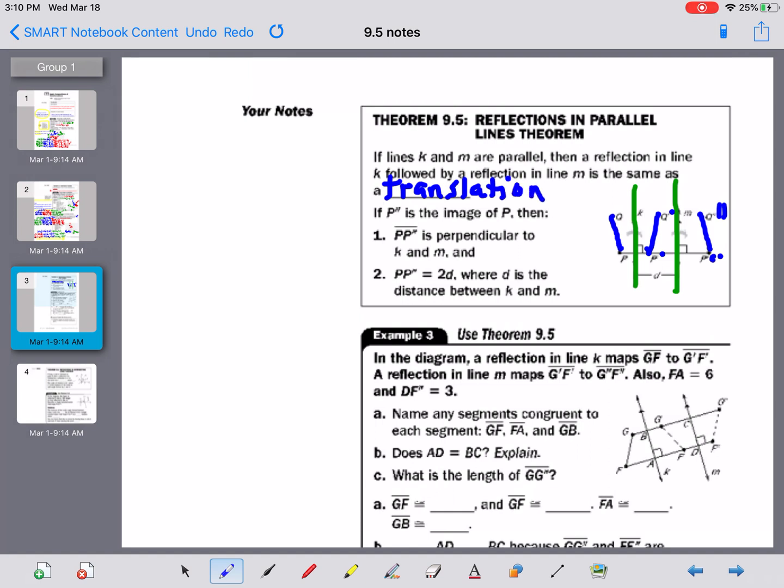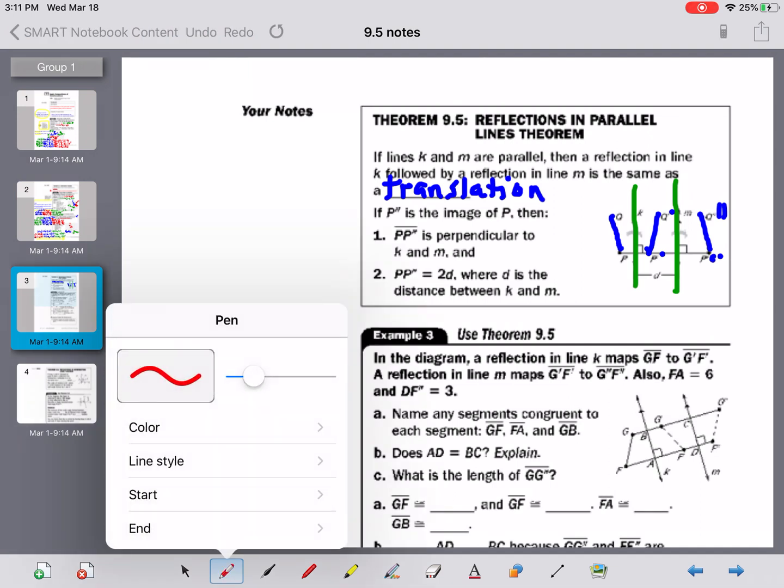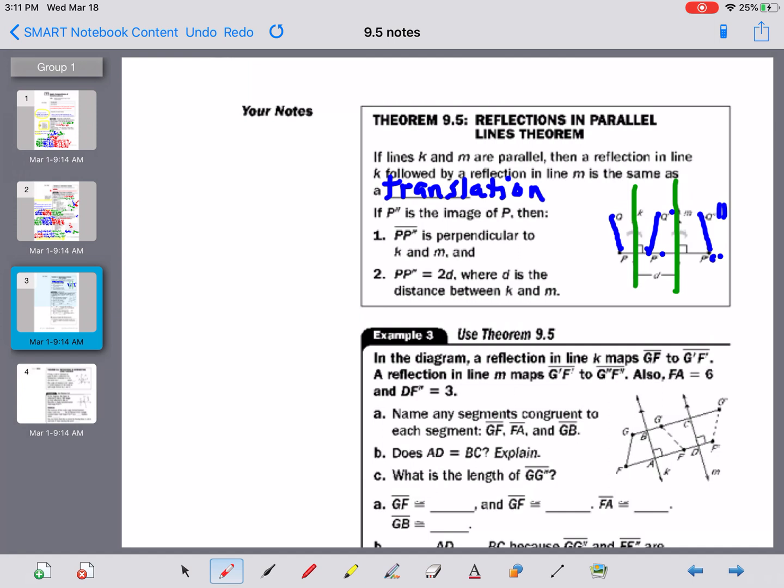Now a couple new things to add to that. They add here in our theorem box that if you join P to P double prime over here, you'll notice that it's perpendicular to my two reflection lines. So that's one thing to notice. The other thing they want you to notice is there's a distance between your two reflection lines. They call that D here.